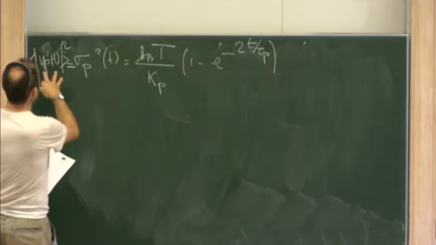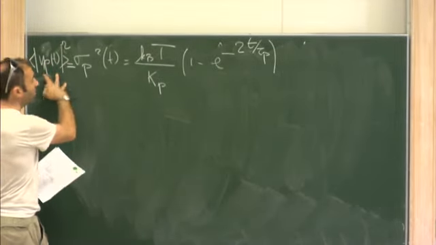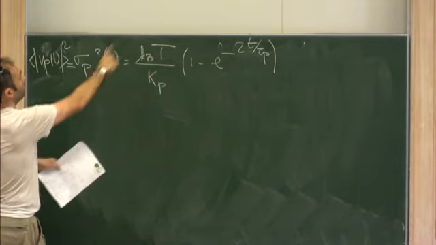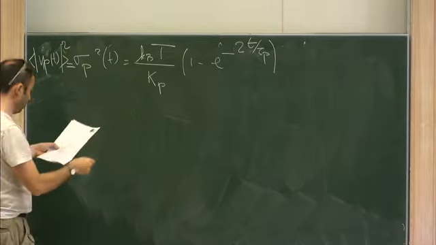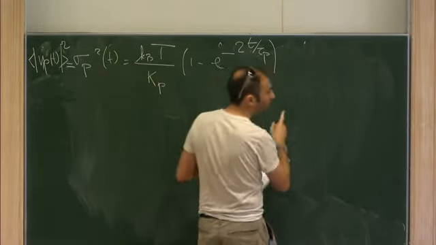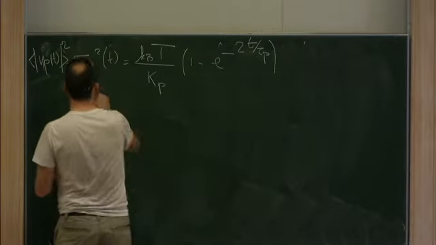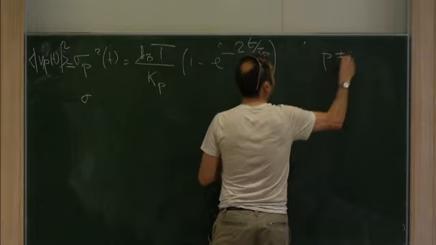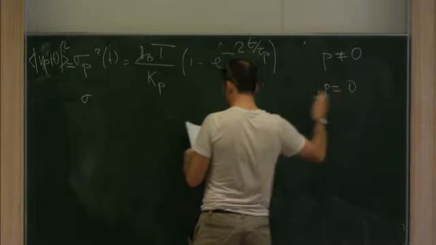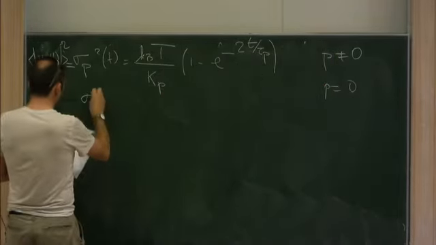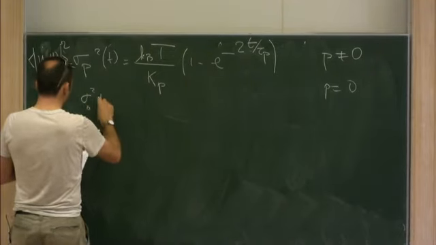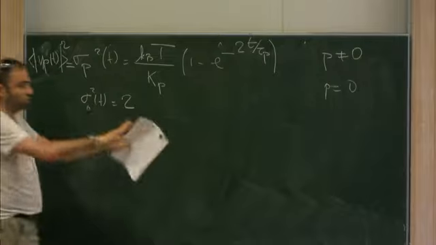Okay, so let me do it in dimension 1. If you are in dimension 3, you have 3 times, assuming that everything is isotropic. And then kappa p is what is written here. And for sigma, this is for p different from 0. And if p equals 0, this is just Brownian motion. So this is sigma t. This is the motion of the center of mass.